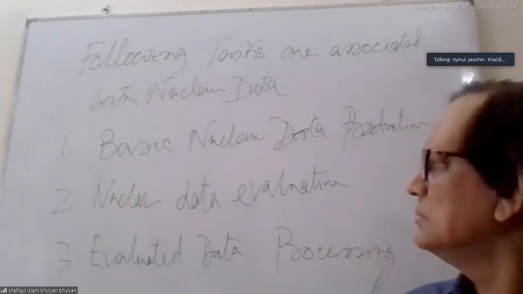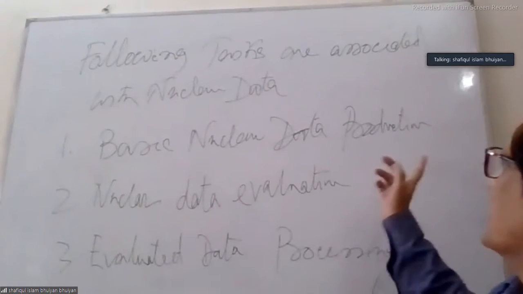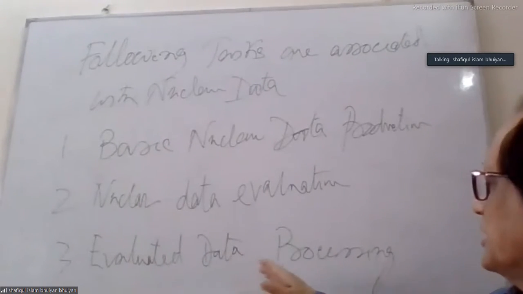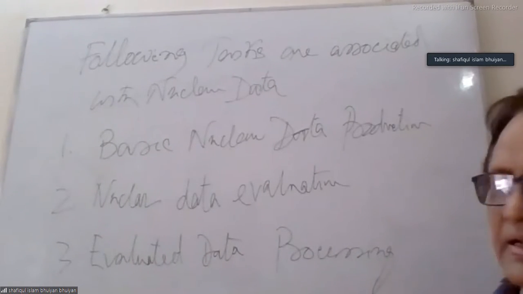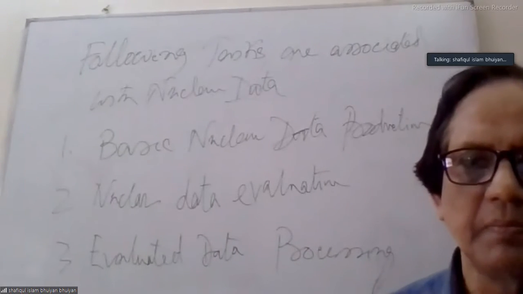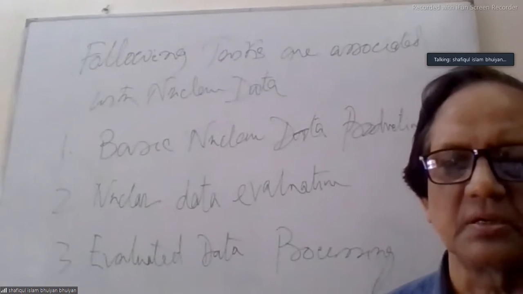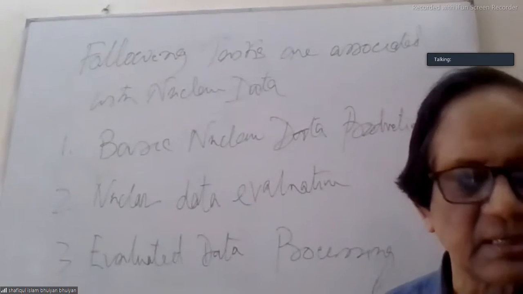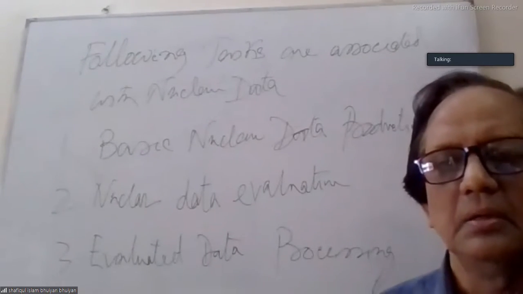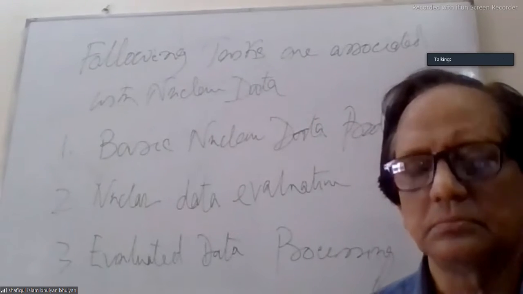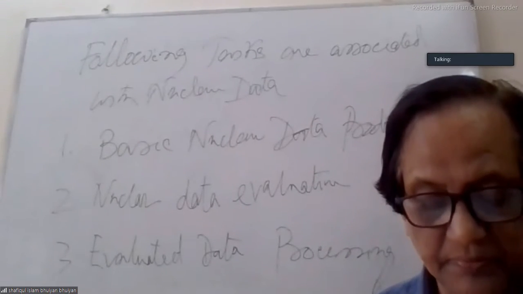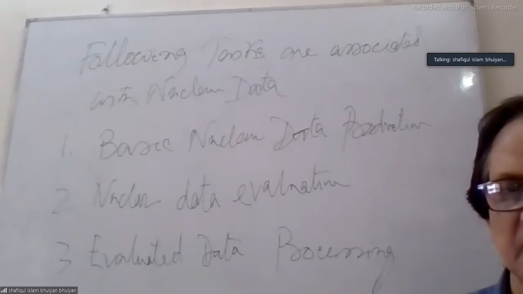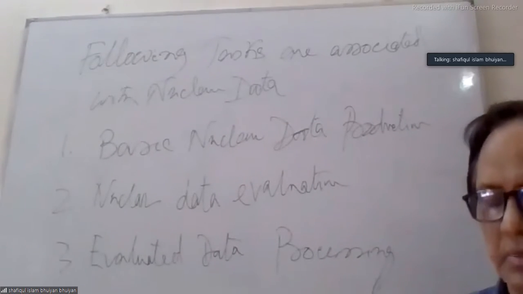Basic nuclear data production, nuclear data evaluation, evaluated data processing, and nuclear data application, which actually is our part of nuclear data application. So when we design nuclear reactor systems, that is the nuclear reactor, accelerator or whatever, this is the flow of this information.